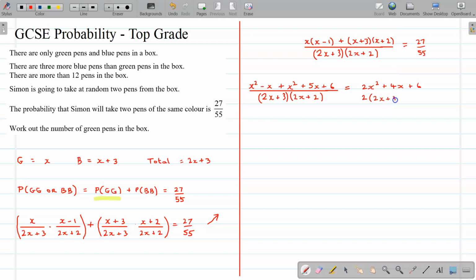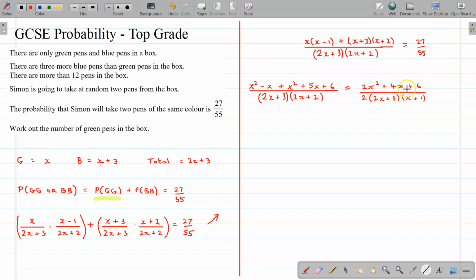Okay, and instead of writing 2x plus 2 at the end, I can now write x plus 1, because I've taken out this common factor of 2 from these two terms. And I'm going to cancel that with the 2. I'm going to divide the top and bottom of this fraction by 2, you see. What I'm doing is halving the top and the bottom. So if I take that 2 away, I've halved the denominator, so I must halve the numerator.